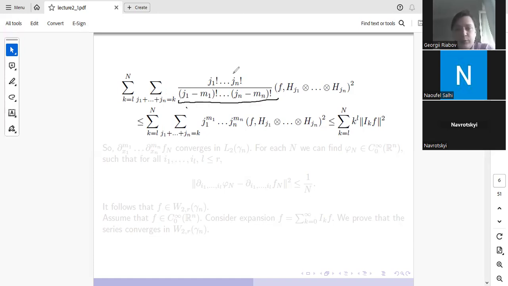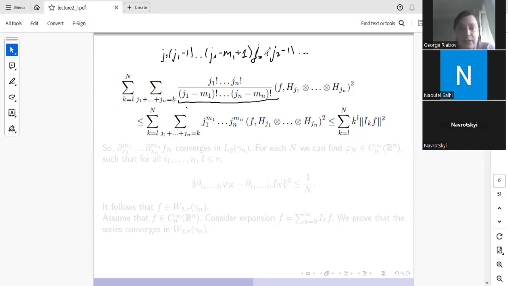So instead of the root, we will get just this ratio, times the inner product of f with h_{j1}...h_{jn}, squared. In fact, this ratio is j1 times (j1 minus 1), and so on, down to (j1 minus m1 plus 1), then j2, j2 minus 1, and so on.